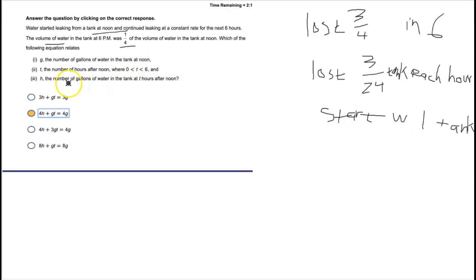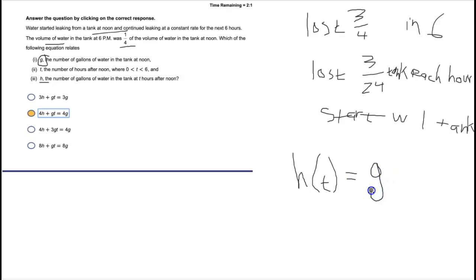The only thing you have to realize is that G is what we need to use to represent the full tank, right? H is going to be the function. So the function H varies with time, right? T is our variable. And we want to have that idea of, all right, we start with one tank.